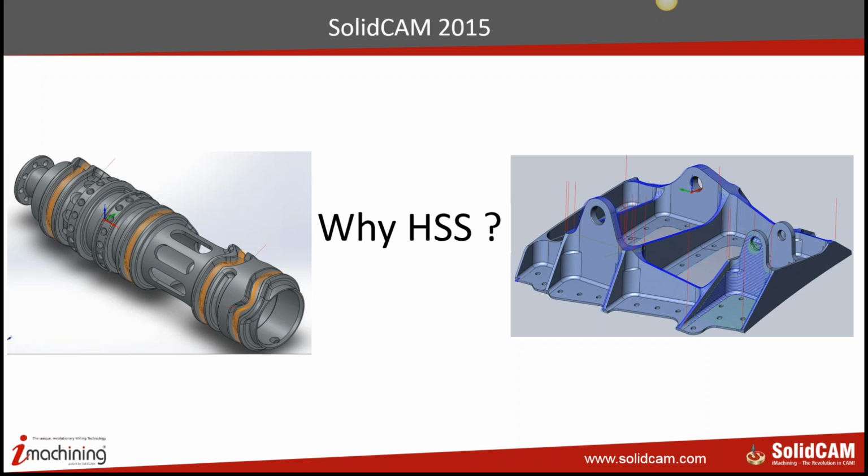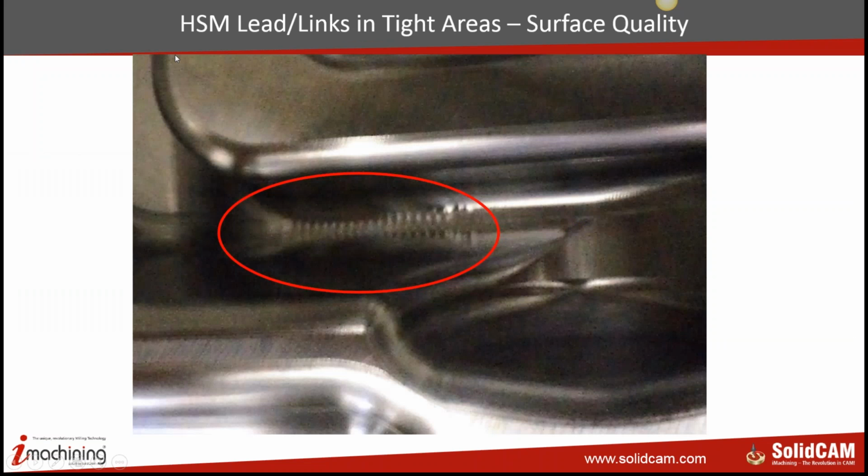We did it because of certain areas. I'm not very sure if it's going to be very clear to you, but I'll try and make it as clear as possible. I've marked an area here. If it's clearly visible, there are marks remaining on the floor of the part or the mold. What happened here is, when we used HSM, this area is very tight.